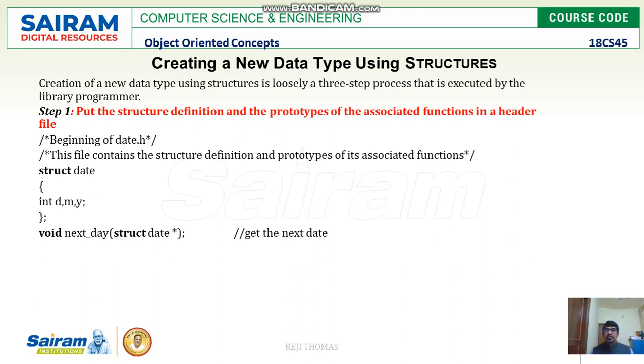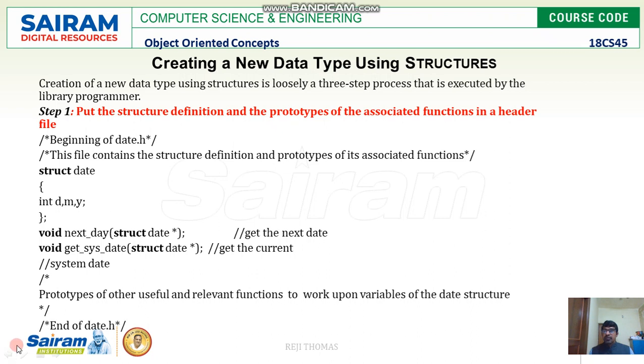Please do remember, we are writing only function declarations, or we call them function prototypes, for the functions. In this case, we have two functions, and for these functions we are not writing the function definition, only the function declaration. So we have created a header file called date.h with three data members and two function declarations.